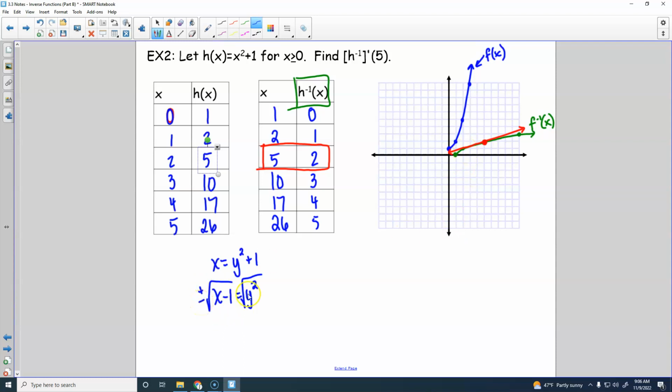Positive, right? And you can see, on my graph, it's the part above the x-axis, so we'll use the positive. So f inverse of x is the square root of x minus 1, whenever y is greater than or equal to 0. And that means we're using that positive. Really, we don't have to put that y is greater than or equal to 0 because we chose the positive part, which is only going to give you positive numbers there.